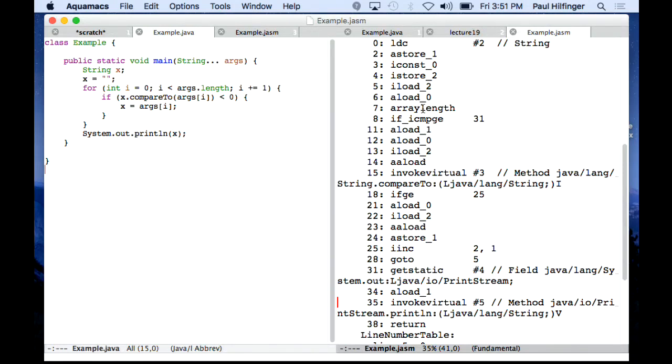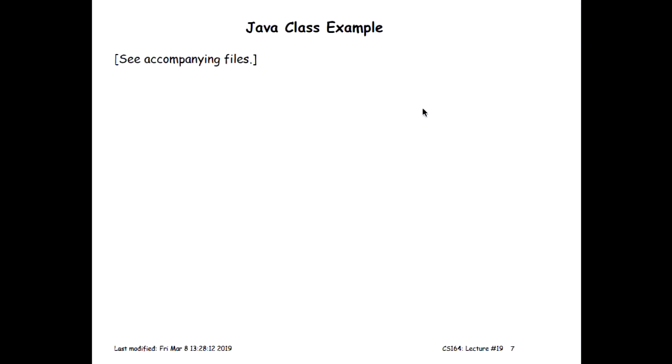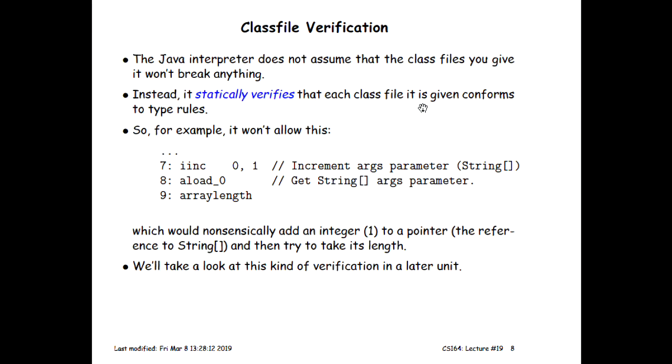And that's part of what gives the Java virtual machine its power. It's actually very interesting. We'll get into this later. This interpreter will take as input class files that have been constructed by the Java compiler or by anything else.